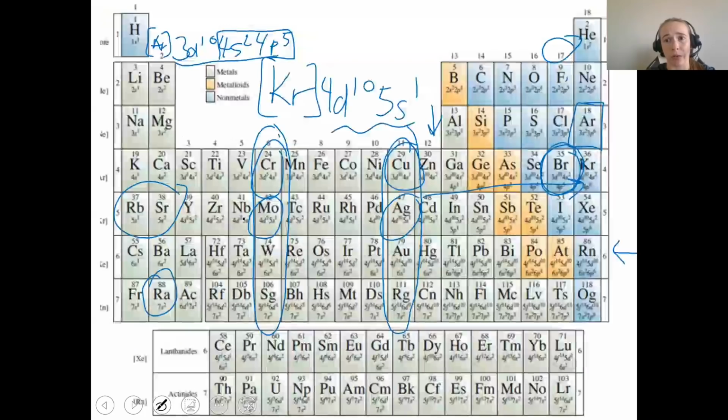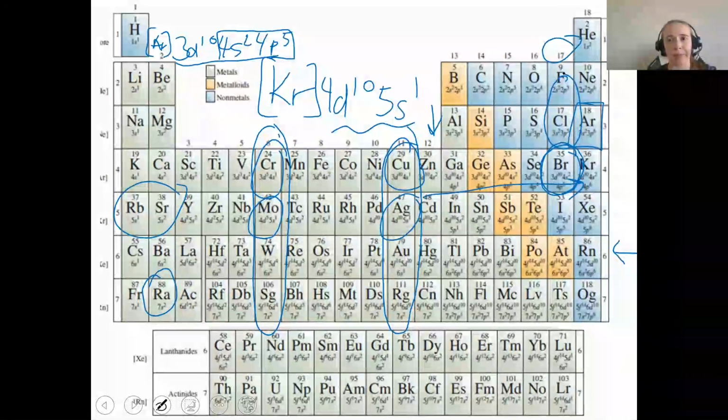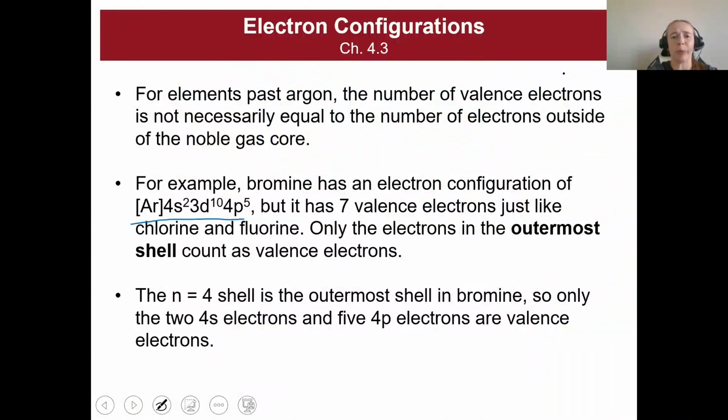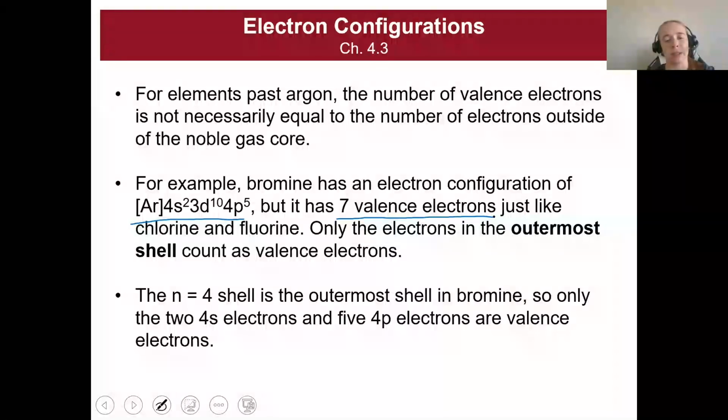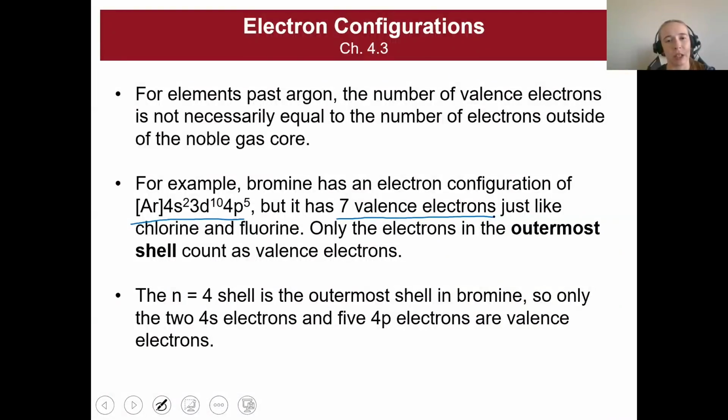If you look at chlorine and fluorine, they just have the s2p5 electrons because they aren't past the d electrons yet. Bromine is, but it still only has 7 valence electrons, which is what we would like to see because bromine is a halogen, just like chlorine and fluorine, so it should have a similar number of valence electrons because the number of valence electrons determines the chemical reactivity of the elements.